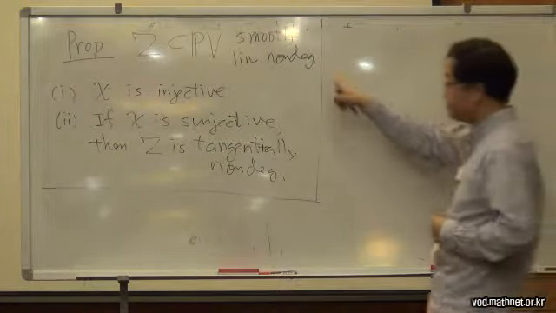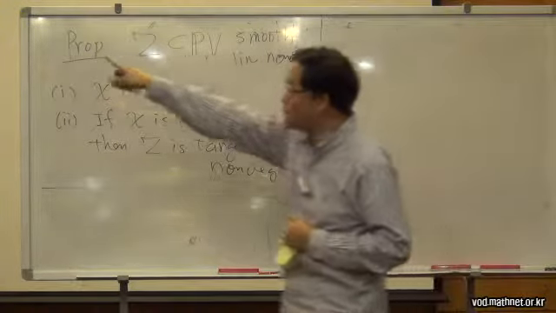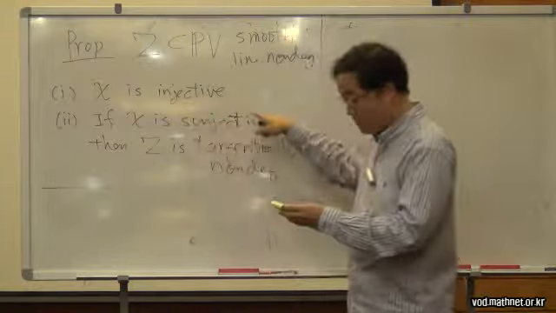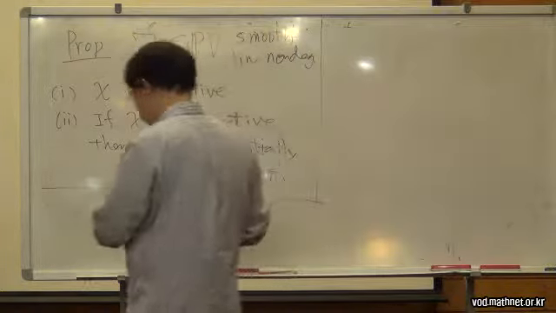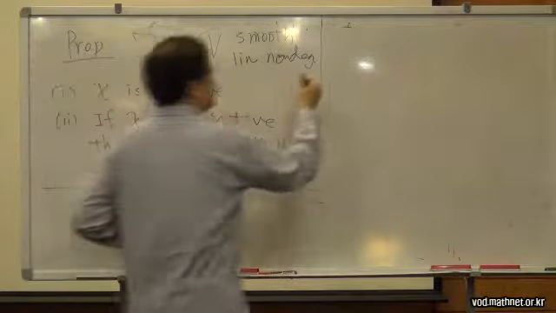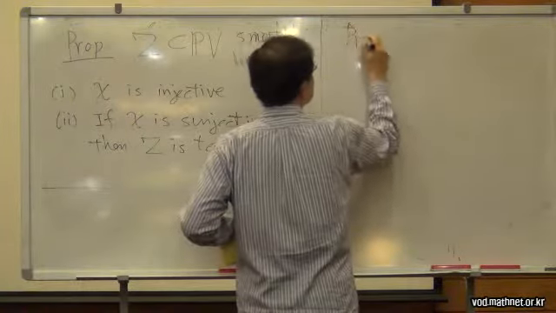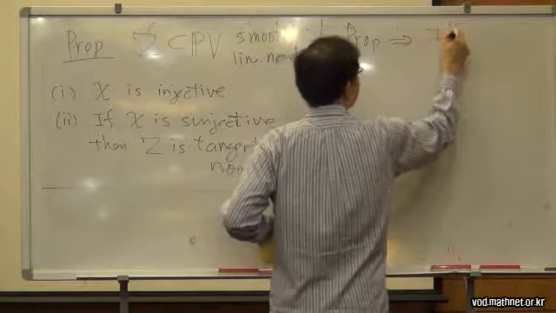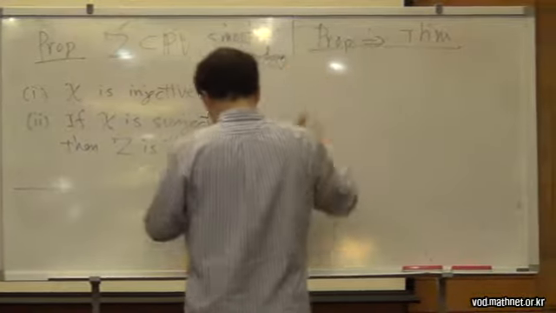Okay, so that's the proposition. This homomorphism is always injective, and if it's surjective, then Z is tangentially non-degenerate. First of all, this proposition implies the theorem. Why?